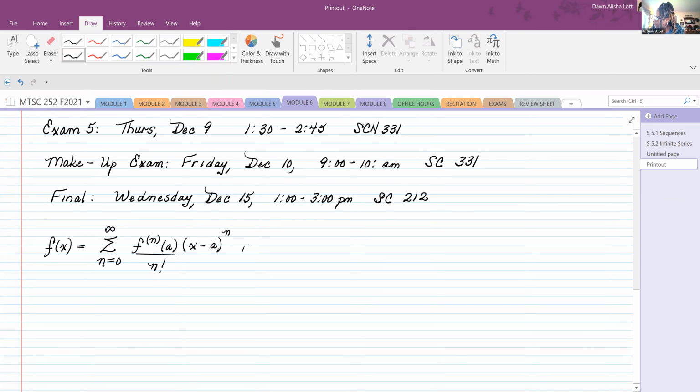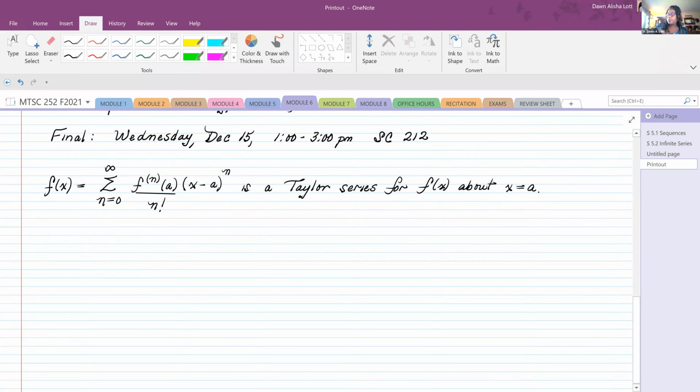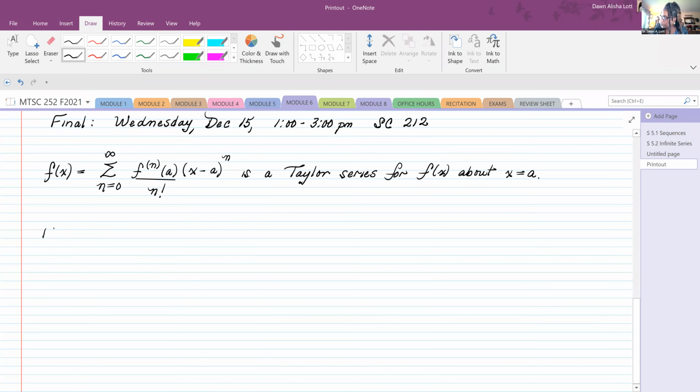So this is a Taylor series for f of x about the point x naught equal to a, about x equal to a. If a is equal to 0, then it's called the Maclaurin series.